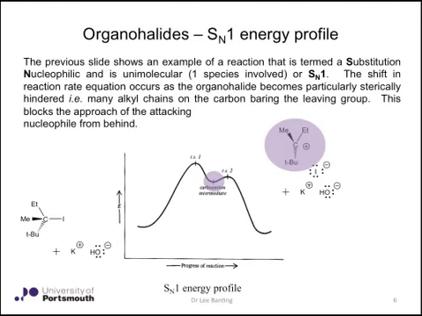To ionize, it has to extend the carbon iodide bond in the solvated environment. That's what gives rise to transition state 1, which we're not going into detail about, but effectively it's the extension of the carbon iodine bond without intervention of any incoming nucleophile. It gets to a point where the iodine leaves and we get a distinct stable species known as a carbocation.